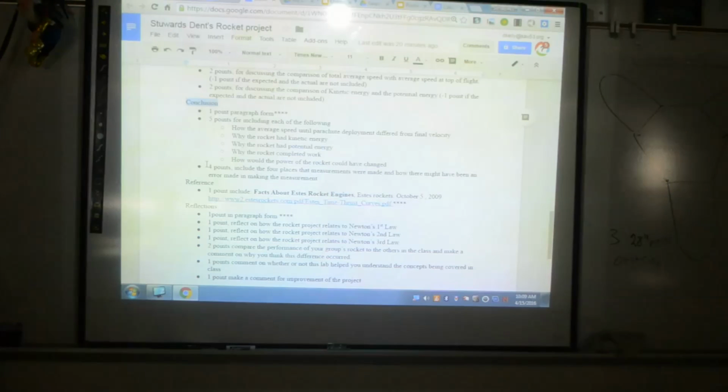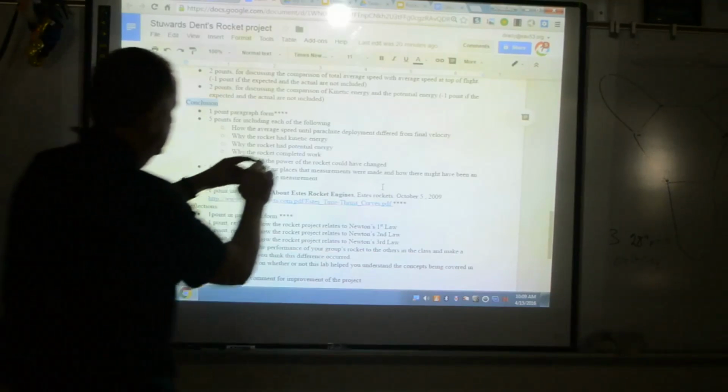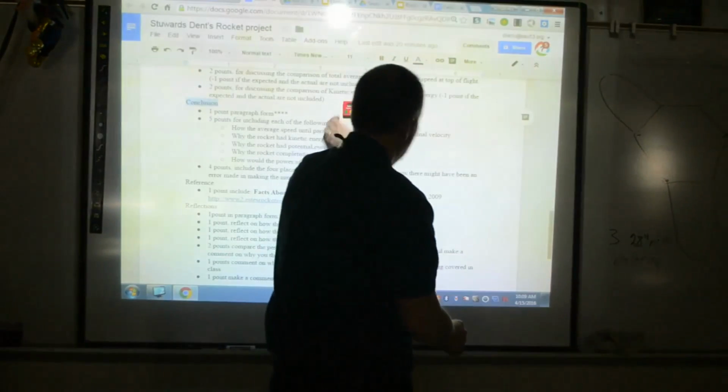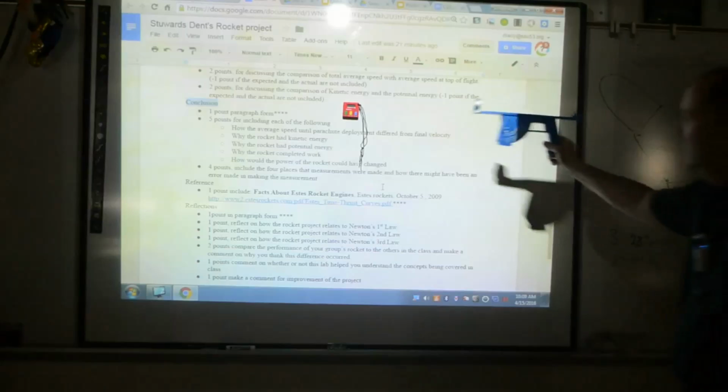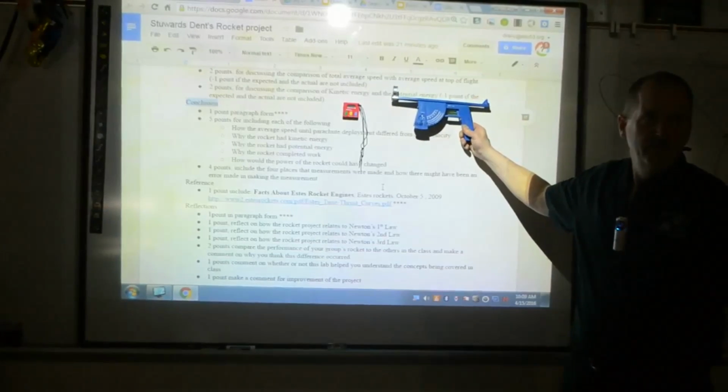Now the last part of your conclusion is four places where measurements were made and how they might have been in error. For those of you having a hard time remembering the measurements, we used two of these for the measurement. And we used one of these.